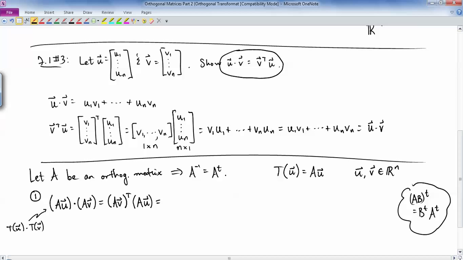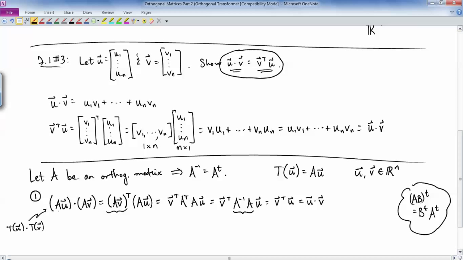So AV transpose right here is going to turn into V transpose A transpose, and then I've got AU next to it. And now I'm going to use the property of orthogonal matrices and change that A transpose into A inverse. And A inverse times A is just the identity matrix, so I'm really just left with V transpose U. And from part 1 up here, we know that's the same thing as just U dot V.